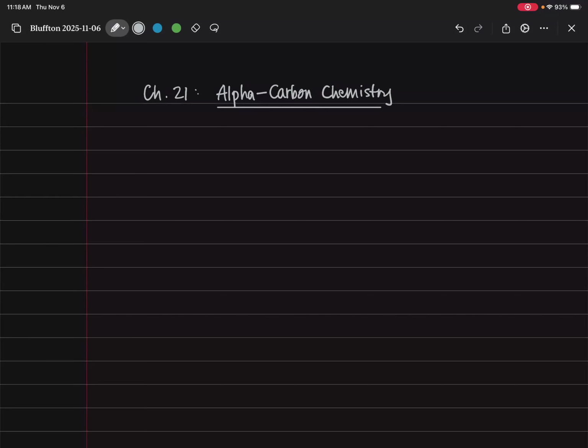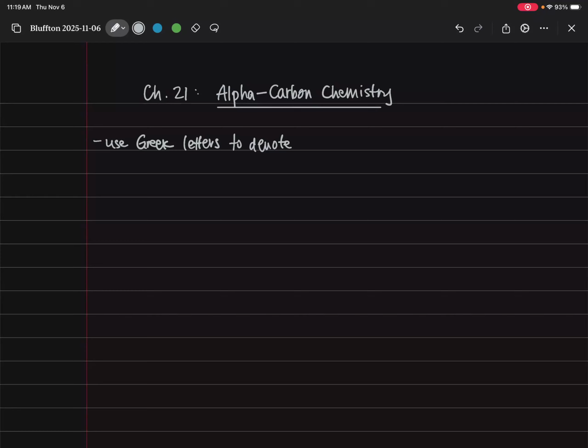Okay, so what we're going to do in this chapter is we need a way to talk about carbons relative to a carbonyl group.